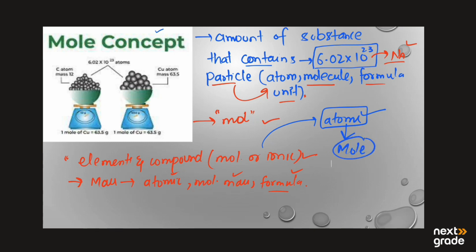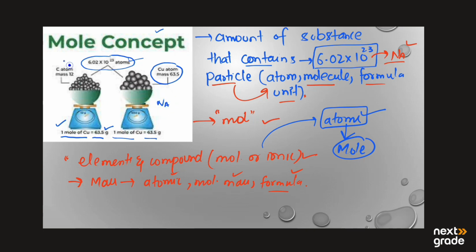If we have 1 mole of copper, its mass is 63.5 grams, but we do not know how many copper atoms are present. According to the concept of mole, 1 mole of copper contains 6.02 × 10^23 atoms of copper, which is equal to Avogadro's number.